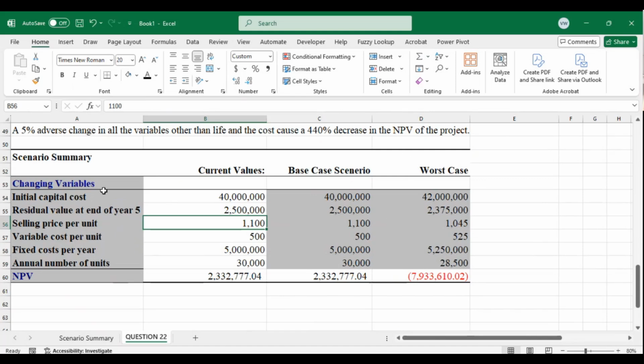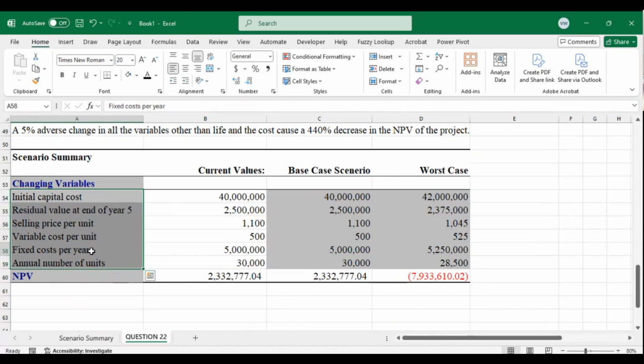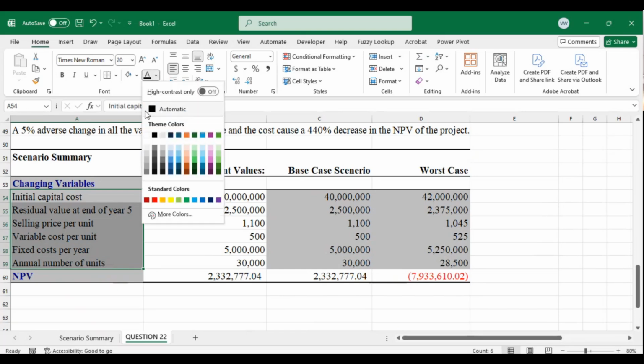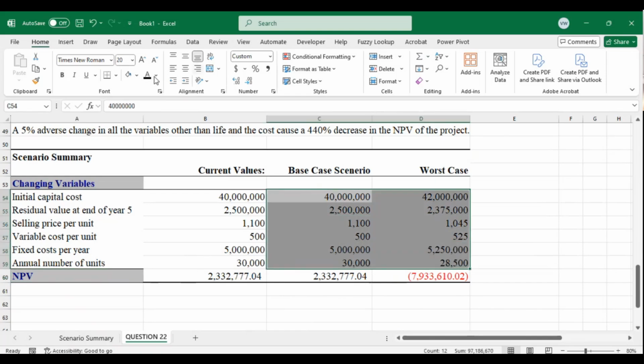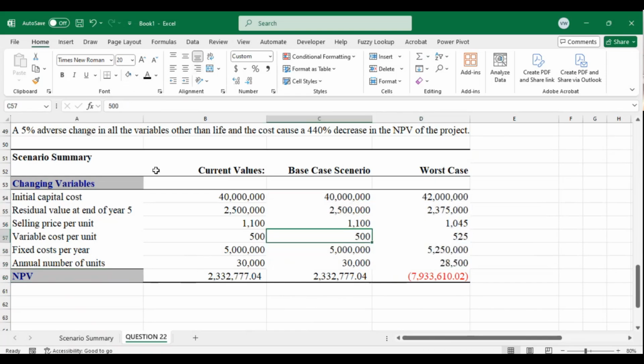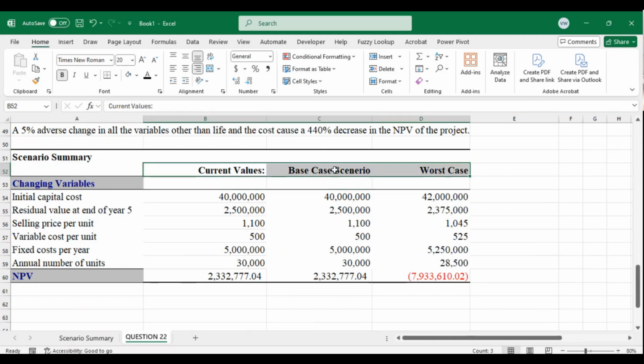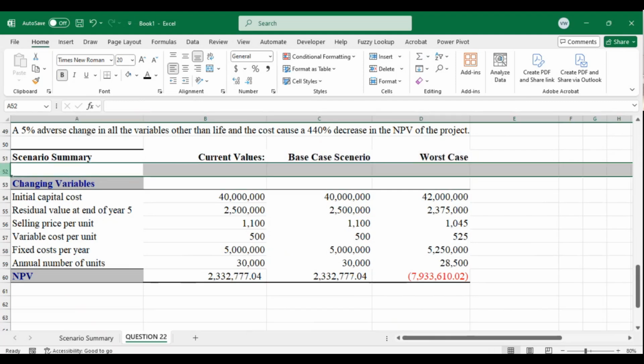So these are our variables that we're changing, and this is our NPV. And this is just a summary of our scenarios. So we can move this up. We can also get rid of that.